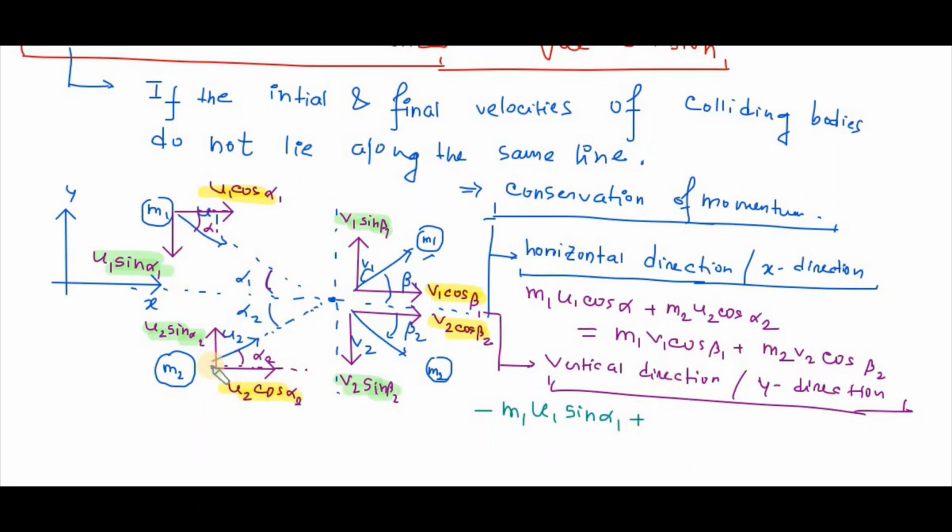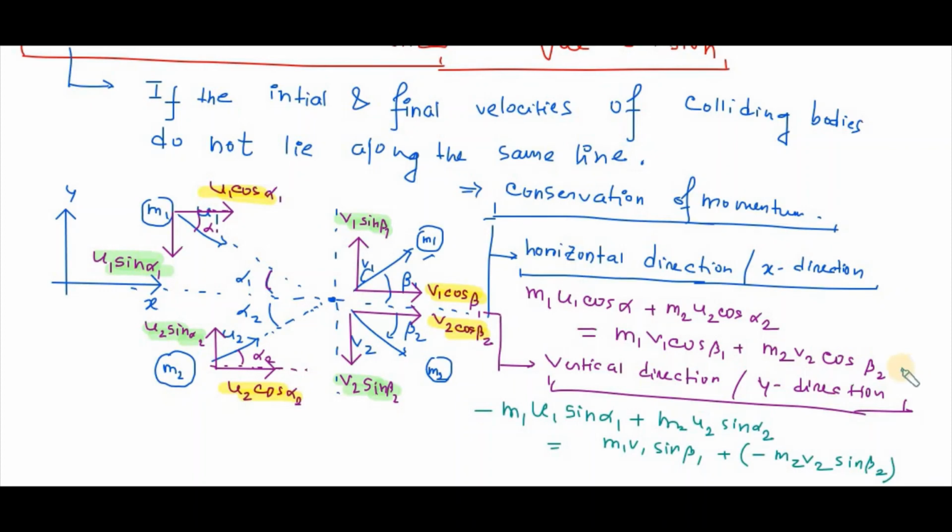Plus the momentum of the second object before the collision along the y direction, m2 u2 sin alpha 2, is equal to the momentum after the collision. v1 sin beta 1 is moving in the upward direction, so it is m1 v1 sin beta 1 plus m2 v2 sin beta 2, but again this v2 sin beta 2 component of velocity is moving downward, so we have to consider negative m2 v2 sin beta 2.